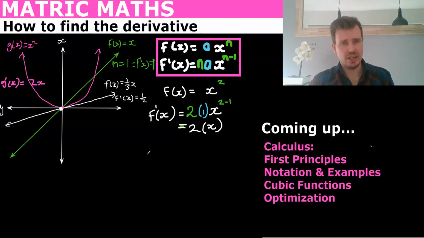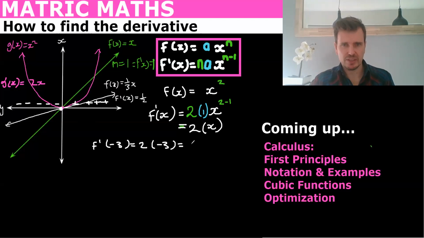Now what's interesting here is, do you see that when x is negative, so this is the negative part, and then here x is positive. Well, if we put in a negative value, say we had f dash of minus 3 equals 2 times minus 3, we get minus 6. And so yes, that's indeed correct, because the slope here was always going downwards.